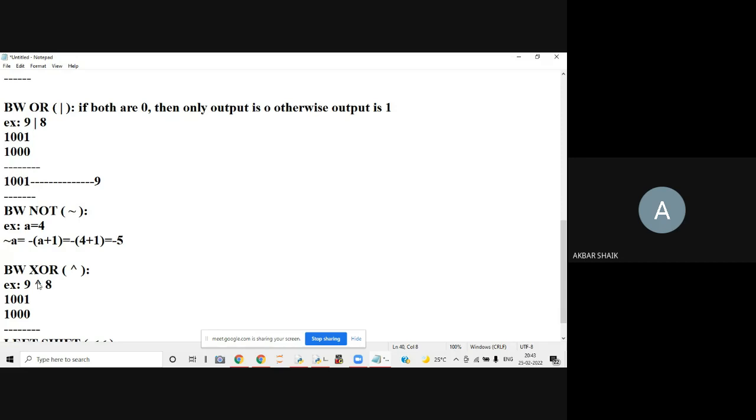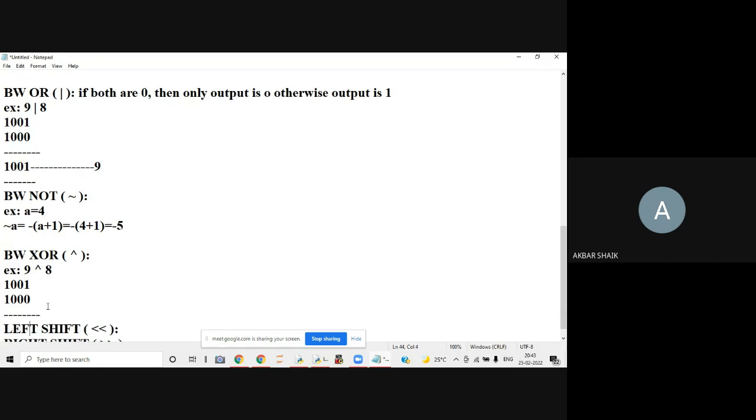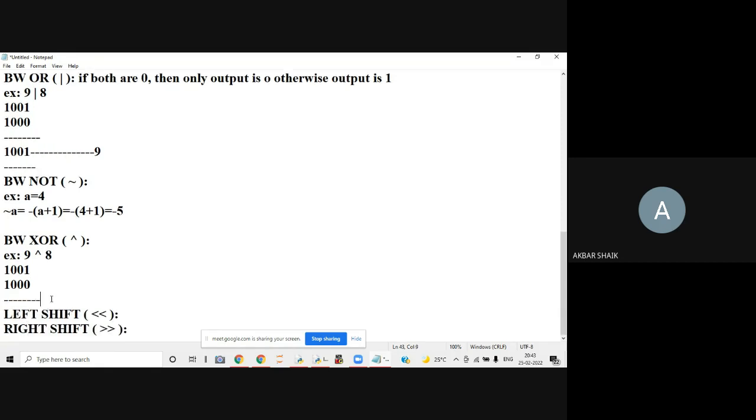Here both the bits are reversed. If you see 1 1, not reverse, that is 0. 0 0, not reverse, 0. 0 0, not reverse, 0. 1 0, those are reversed, opposite. So that's why 1. So what is the value for this? Output is 1. So bitwise XOR of 9 and 8 gives output 1. Understood, all of you?